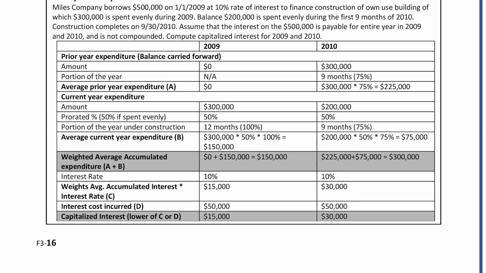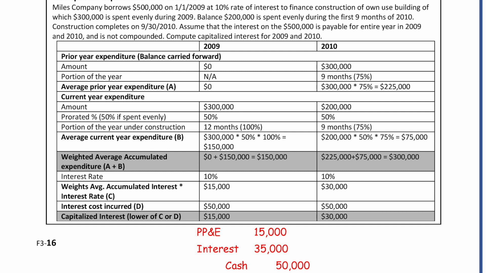So for 2009, PP&E debit $15,000, interest debit $35,000, and cash credit $50,000. So though the interest paid was $50,000, 15,000 of that was capitalized as PP&E. The remaining $35,000 was interest on the income statement.